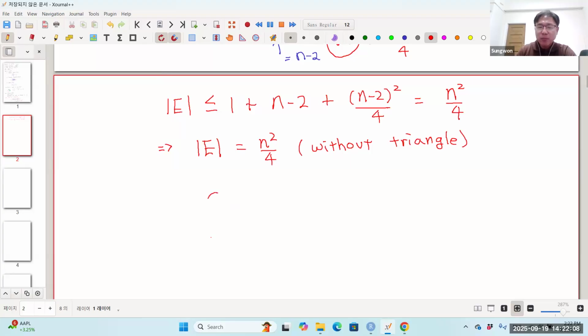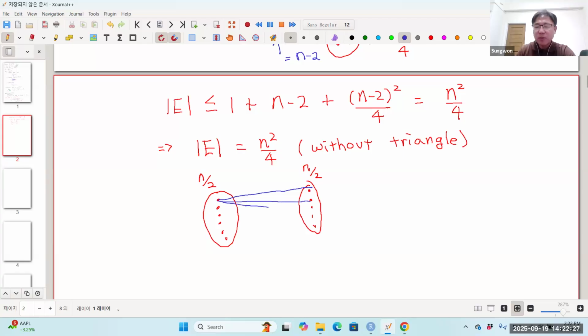If you have n over 2 vertices here, and another n over 2 vertices here, and then you draw the complete bipartite graph like that, then the number of edges will be n over 2 times n over 2.